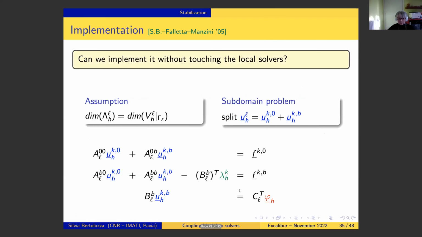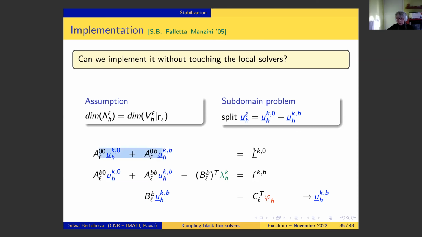Turns out that if I have this assumption, so if for my Dirichlet Lagrange multiplier method the dimension of lambda h is equal to the dimension of the trace space VHL on gamma, then I can use the last equation to obtain the boundary value.